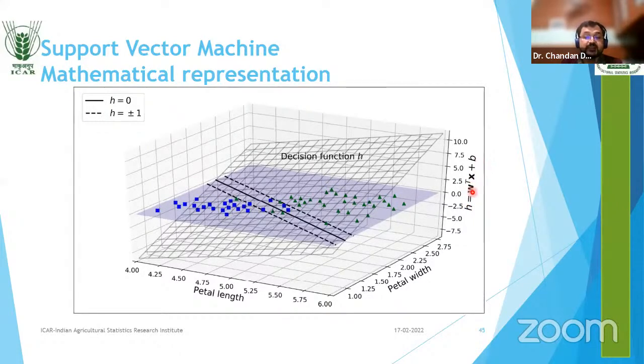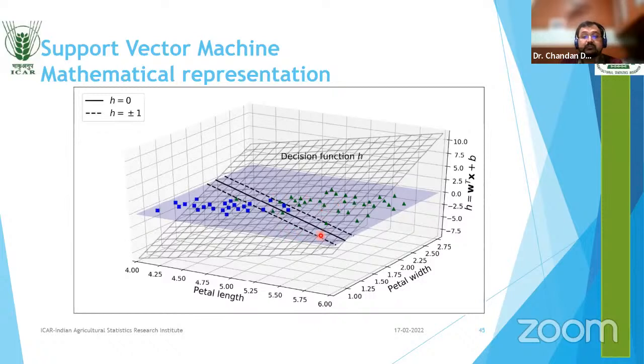Both are matrices. So we can implement this in two-dimensional space, three-dimensional space, as well as multi-dimensional space. In this case, this discriminating function can discriminate the objects into two classes.